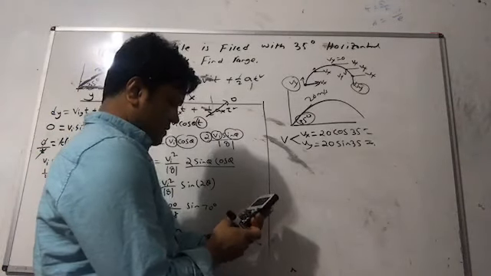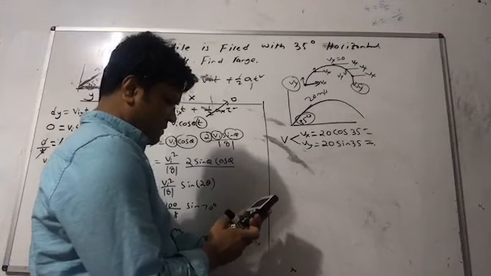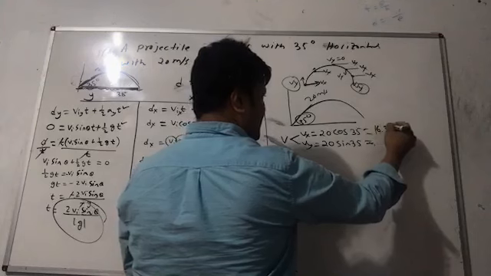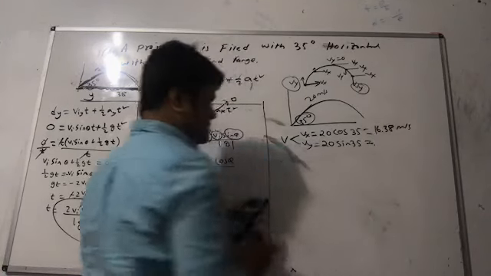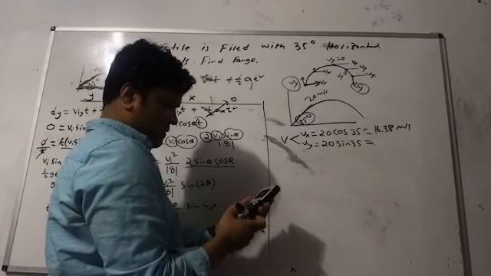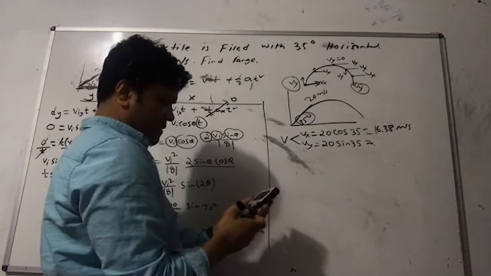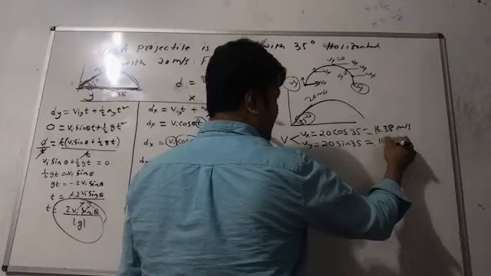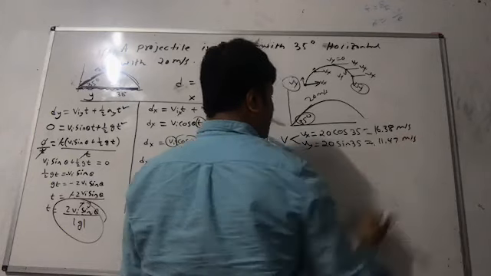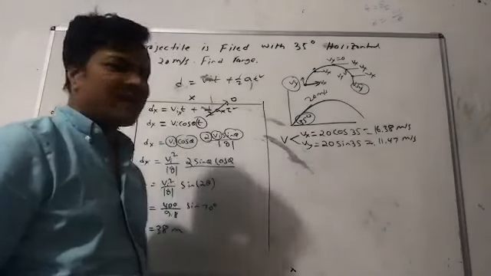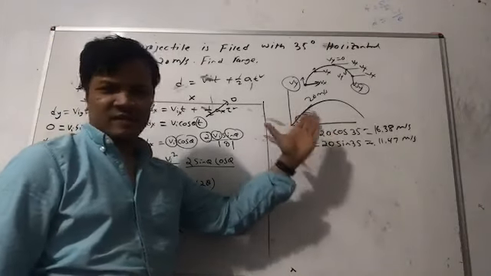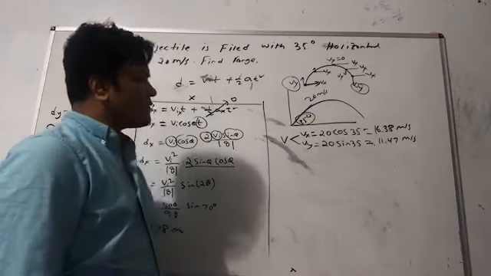Cosine 35, which is 16.38. Let's see, sine 35, 11.47. So velocity has two components: the x component is 16.38 and the y component is 11.47.